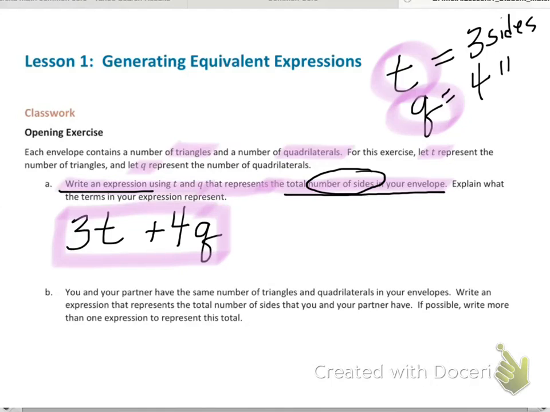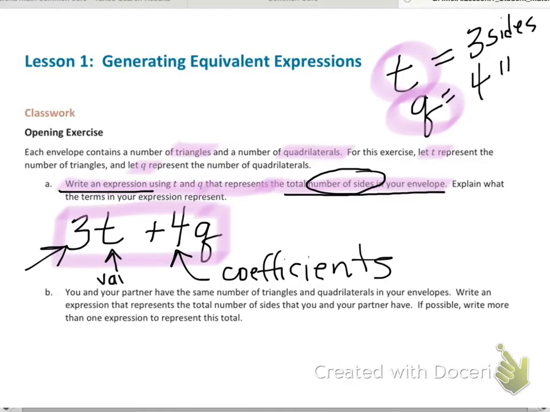Now, if you watched the relevant vocabulary video before this one, we could look at some terms and definitions here. If you remember, the 3 and the 4 are both called coefficients. Let's keep this vocabulary alive. They're the coefficients, and T is a variable and Q is another variable.